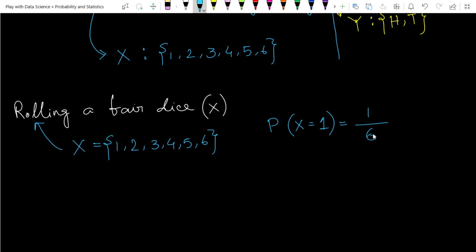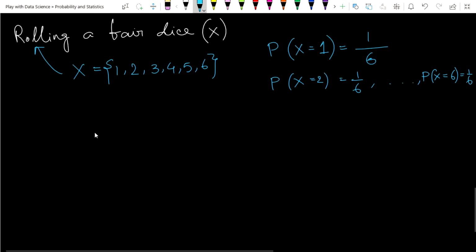So the probability of the occurrence of x equal to 1 is 1 by 6. Similarly, for x equal to 2 it is 1 by 6. So each point is equally probable, 1 by 6.